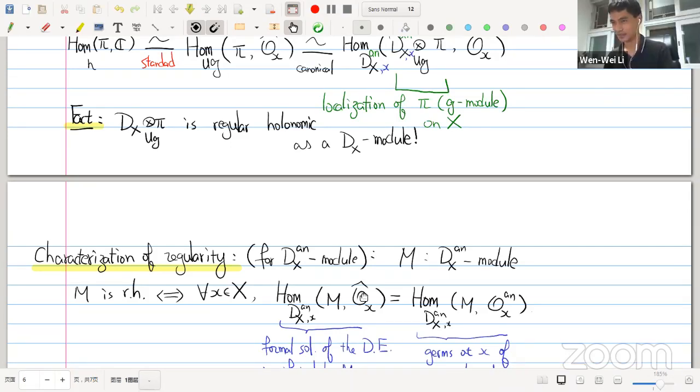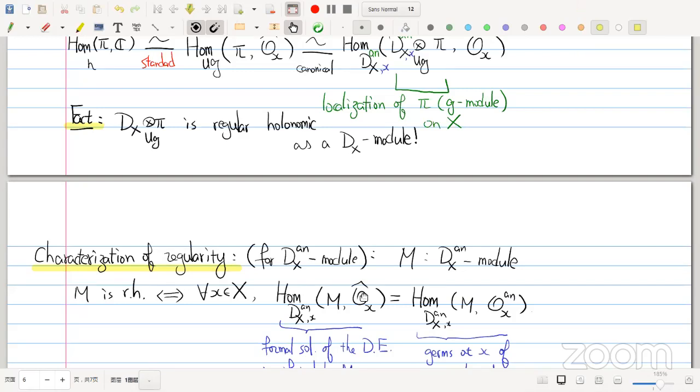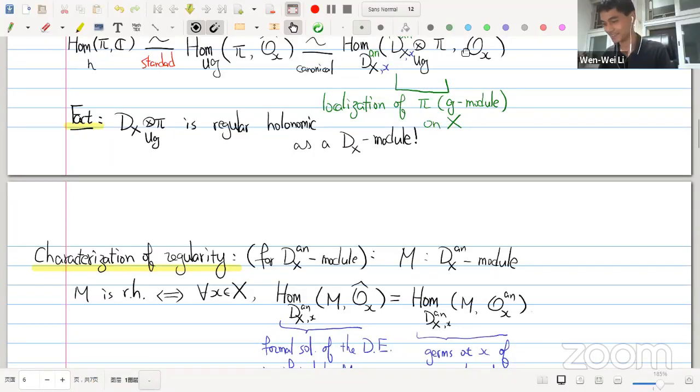So this is just one tiny step towards automatic continuity. But I don't know how to proceed. Oh, sorry, I cannot answer this question.